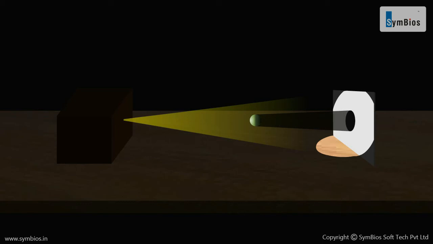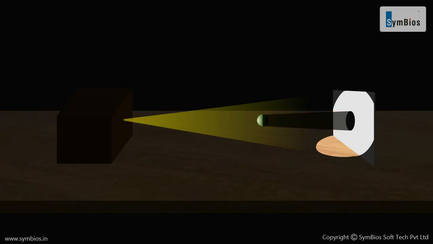Let us consider the source light to be at point P. When the rays of light travel from point P to the screen, they are obstructed by the ball at points A and B. Therefore, the rays PA and PB fall on the screen at the points X and Y respectively, and the area between X and Y on the screen is dark.